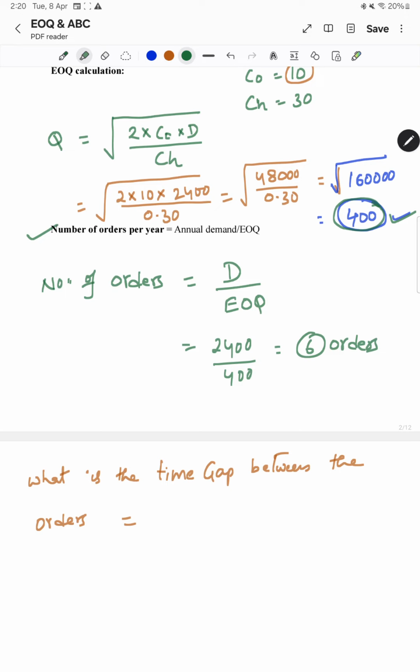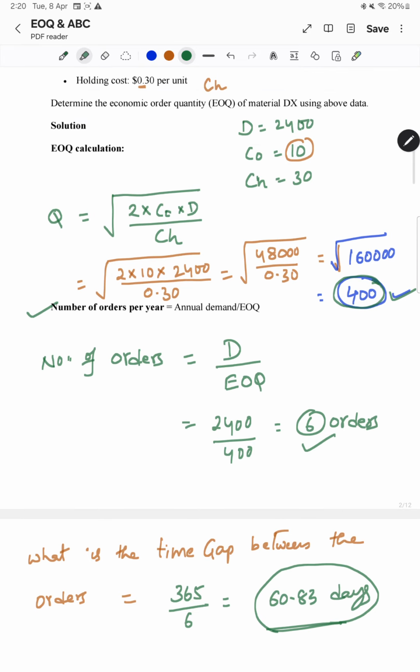In a year we have 365 days divided by the number of orders, 6 orders. So 365 divided by 6 will give you 60.83 days. This means that the company has to make each order every 60.83 days.